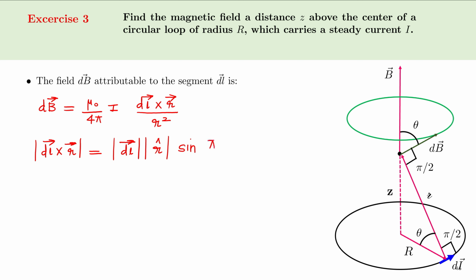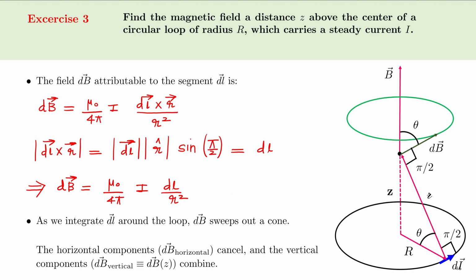So that is sine of pi by 2. This will be equal to dl because mod of unit vector script r hat will be equal to 1. And therefore, we'll get the magnetic field dB as equal to mu 0 over 4 pi, then I dl over script r square.